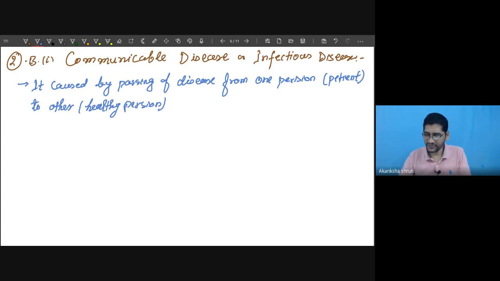So such disease which passes from the patient to the healthy person is called as communicable disease.